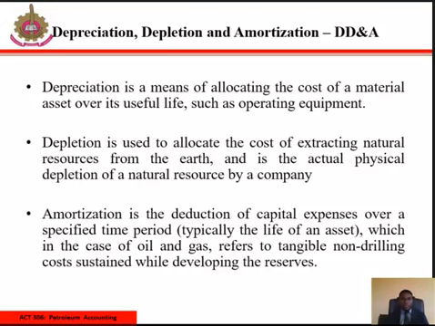Amortization is the deduction of capital expenses over a specific period of time. It could be the life of an asset, which in the case of oil and gas refers to tangible, not drilling, costs sustained while developing the reserves.